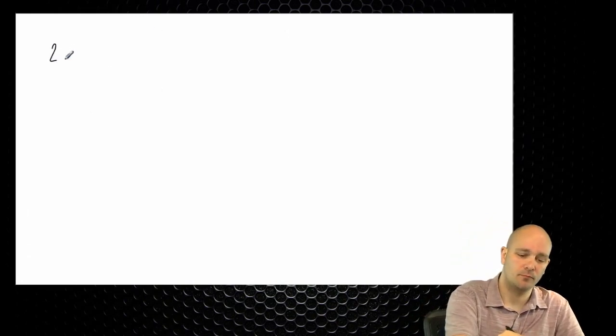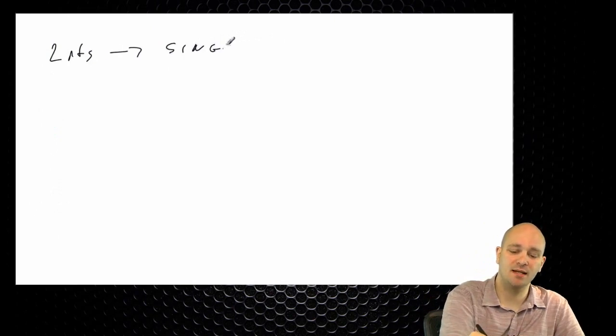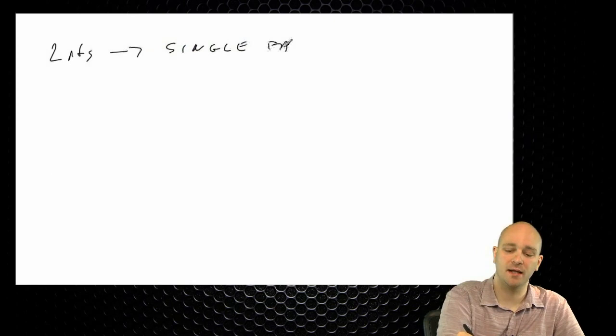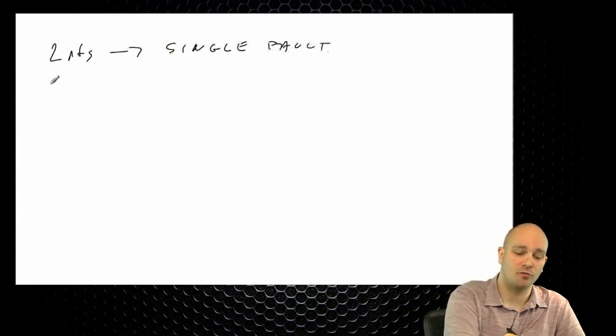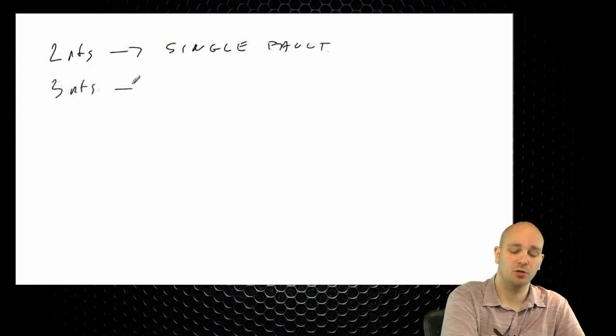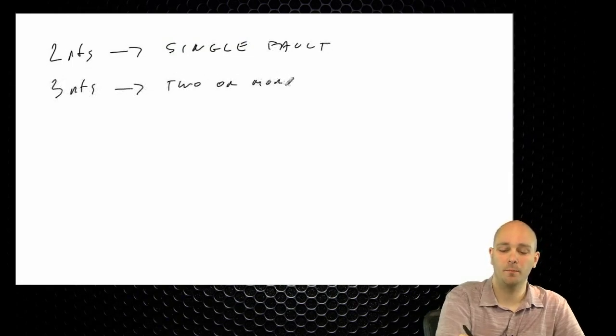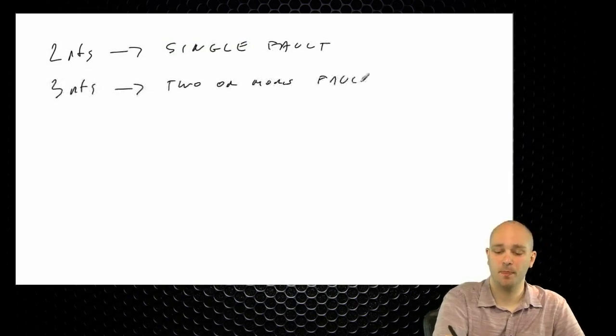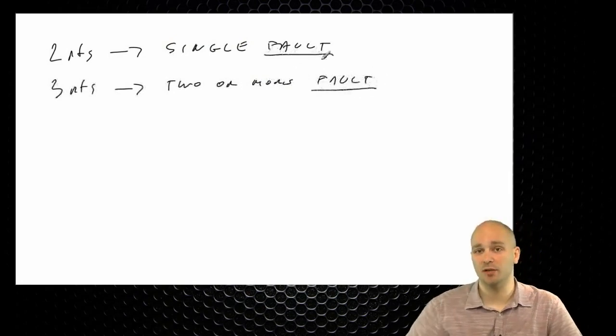So for 2-pointers, Cisco says it is going to be a single fault that you will be dealing with. For 3-pointers, Cisco says it will be 2 or more faults. Now, the definition of a fault is somewhat vague.